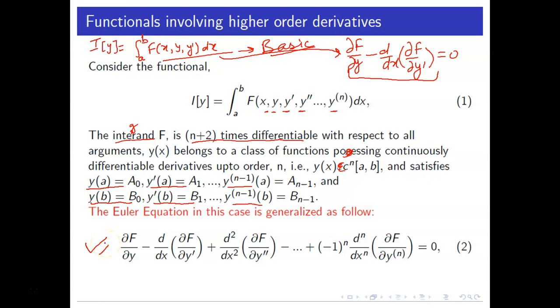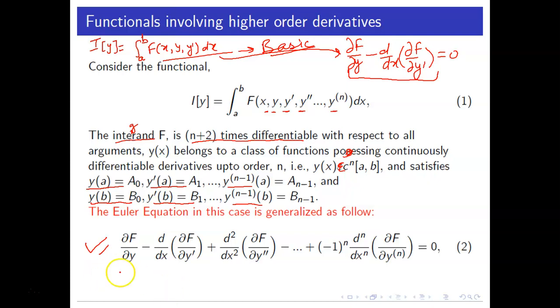It means that if in a numerical problem you are given derivatives up to nth order, the equation is this. But usually in numerical problems you will not see derivatives up to order n; you will see derivatives up to order 2, or third order, maybe fourth order.